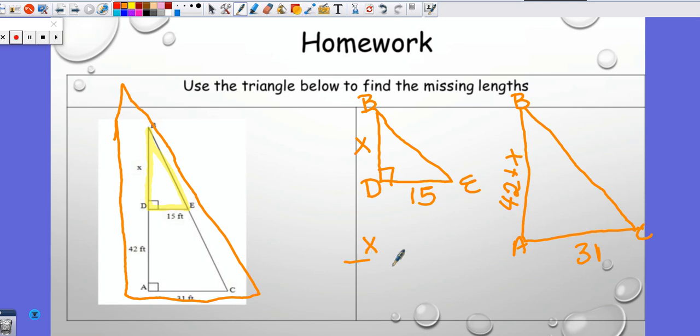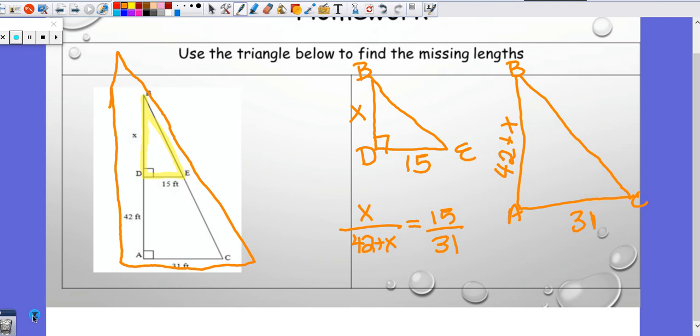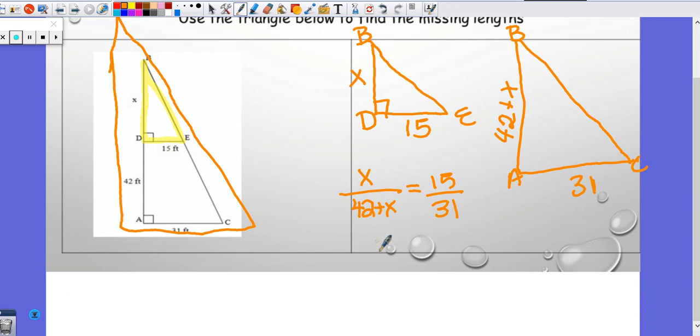So we get x over 42 plus x equals 15 over 31. And we're going to go for the math. We get 31 times x equals 15 times 42 plus x. Let's do our distributive property on the right side.